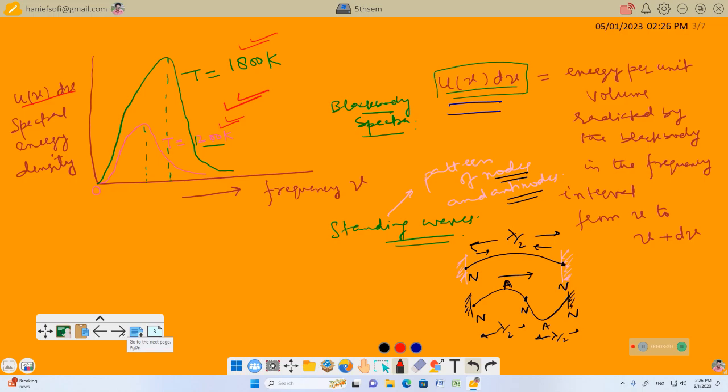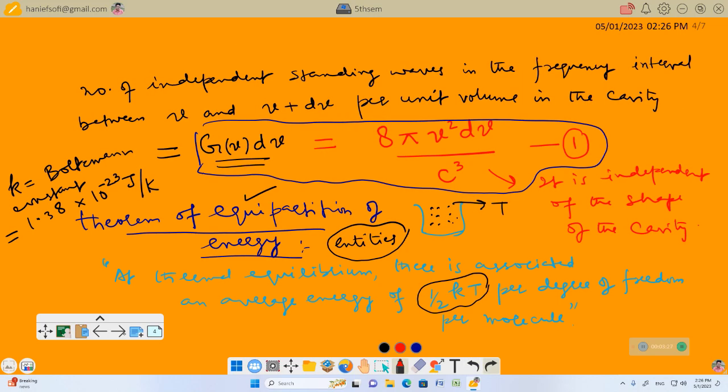They said in the cavity with perfect reflectors, the radiation can be considered as a collection of three-dimensional standing waves. Then they calculated the number of independent standing waves in the frequency interval between nu and nu plus d nu per unit volume in the cavity, which turned out to be 8 pi nu square d nu over c cube, right?